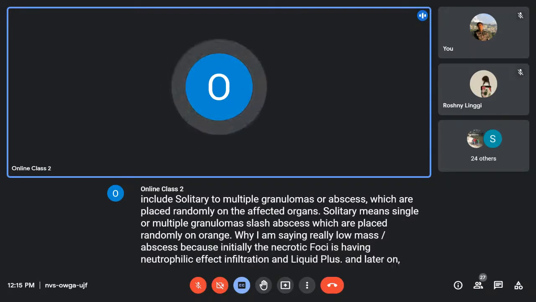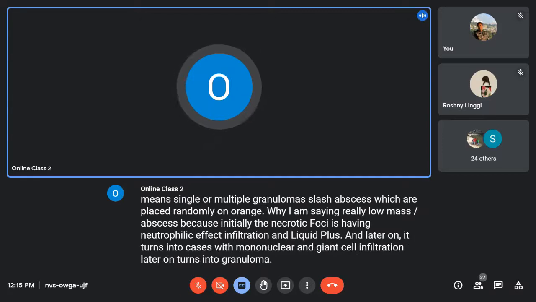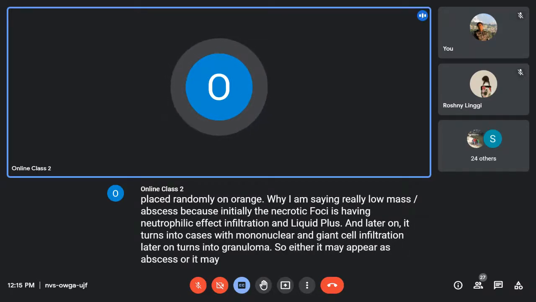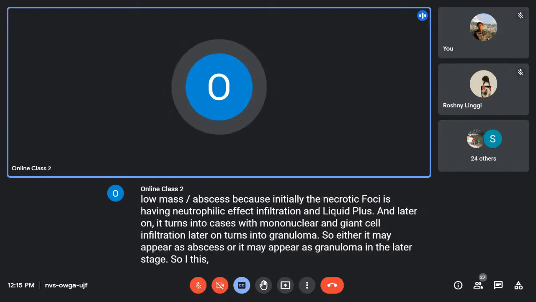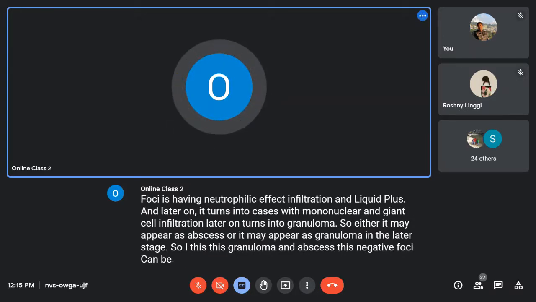And later on, it turns into caseous pus with mononuclear and giant cell infiltration. Later on, it turns into granuloma. So either it may appear as abscess or it may appear as granuloma in the later stage. So this necrotic foci can be singular or there may be many on the affected organs.